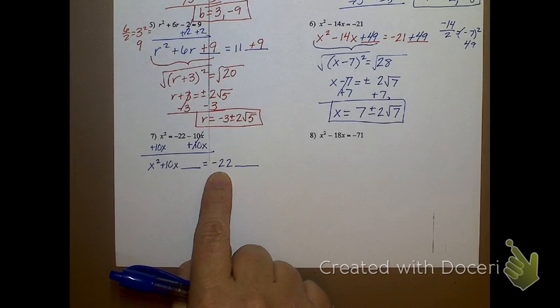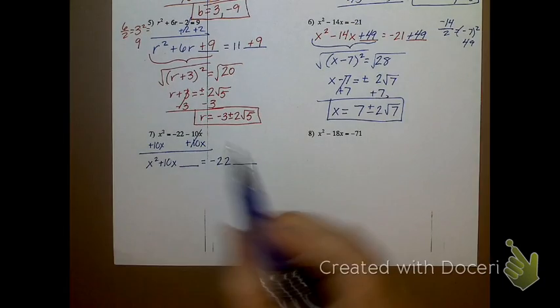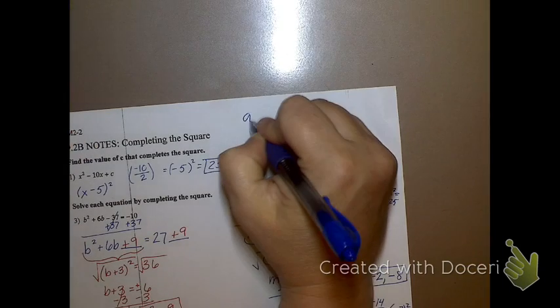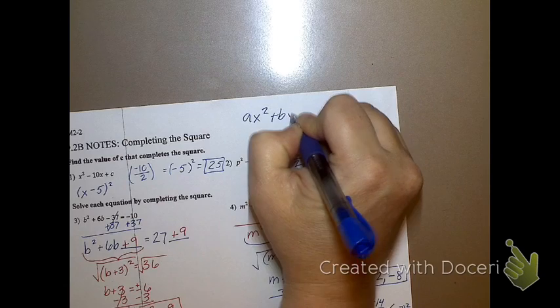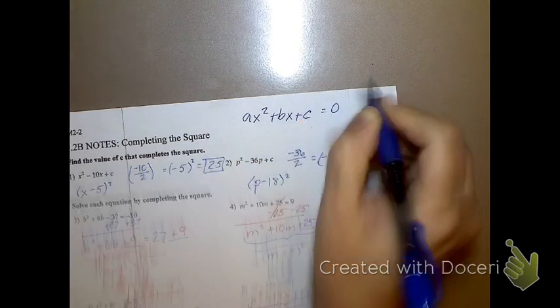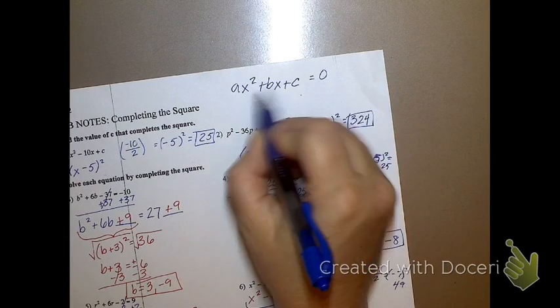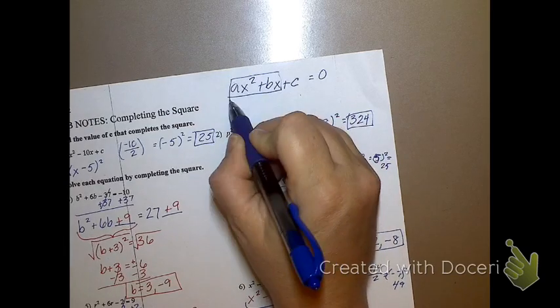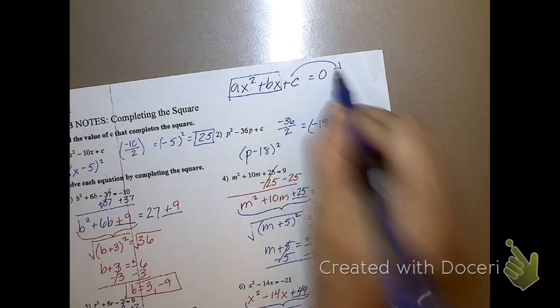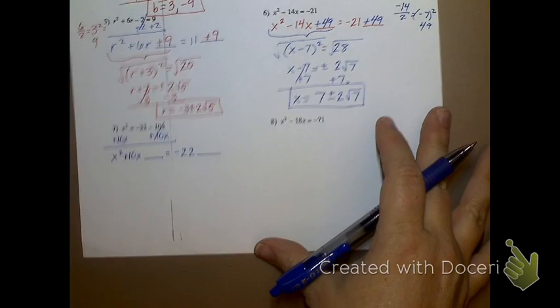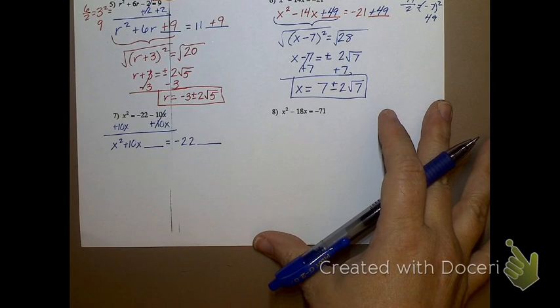AB equals C? That's the way it's got to be every time. Remember in our form, ax squared plus bx plus c. I need to move c over there so that a and b are on the same side, and c is on the other side. Once it's in ab equals c, then you can do your completing the square.